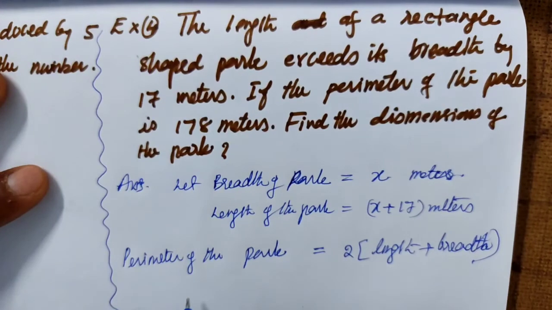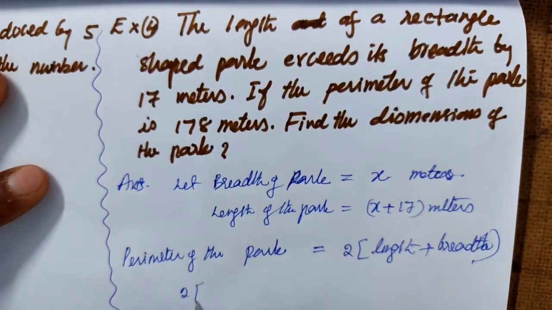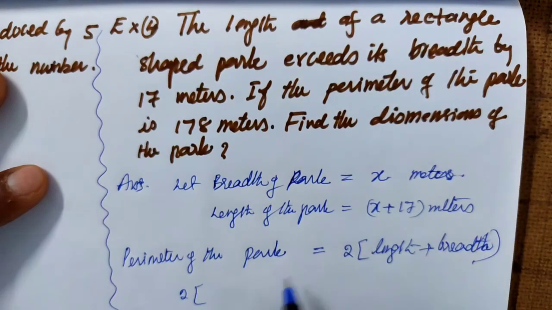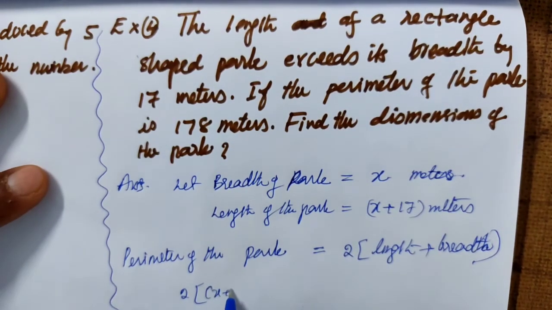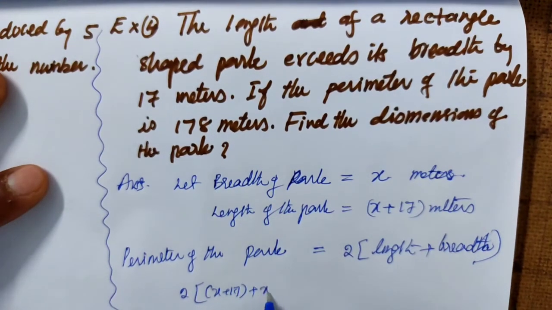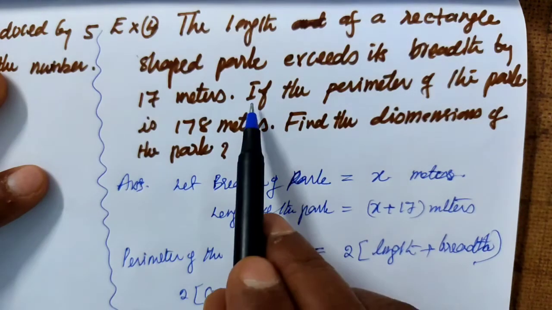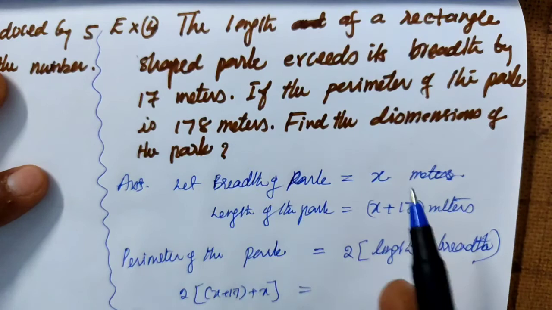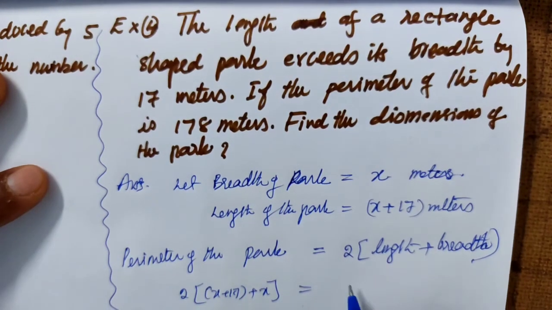So 2 into, what is the length? x plus 17, and breadth x. According to the problem, the perimeter of the park is 178 meters. So this is the perimeter, it is equal to 178 meters.